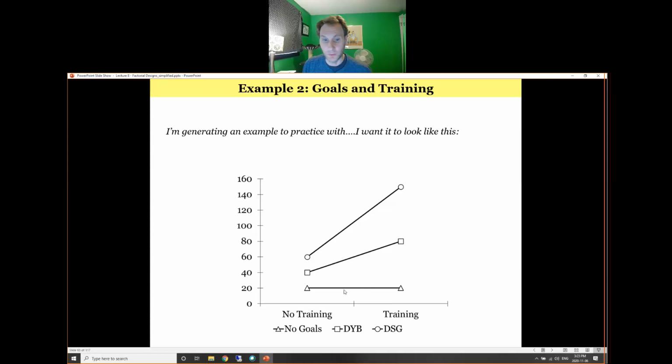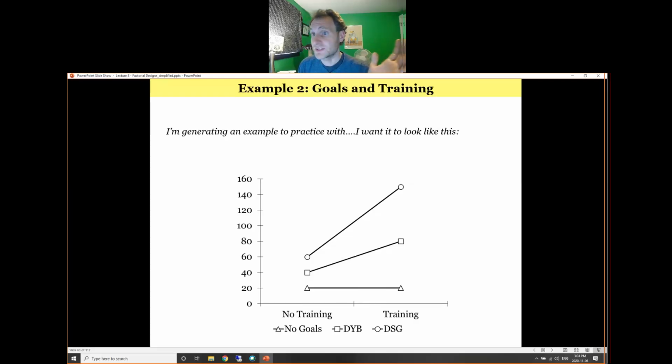And then the effect of training seems to depend on what type of goals was set, such that we get a strong effect for the difficult specific goals, but looks like no effect or a weak effect for no goals. So this is an example of 2 main effects and an interaction.